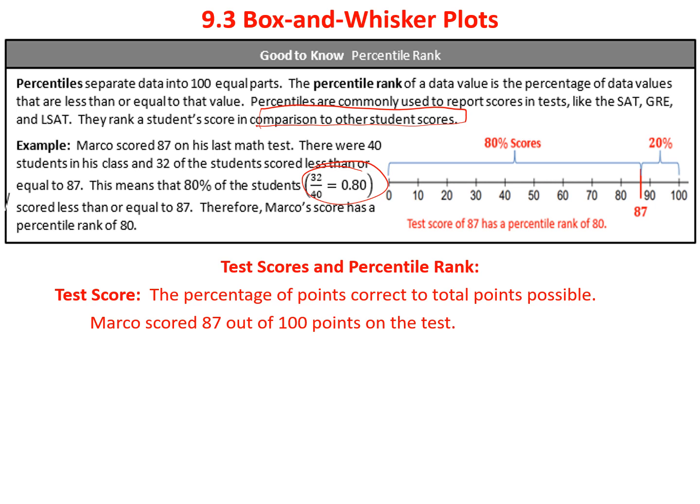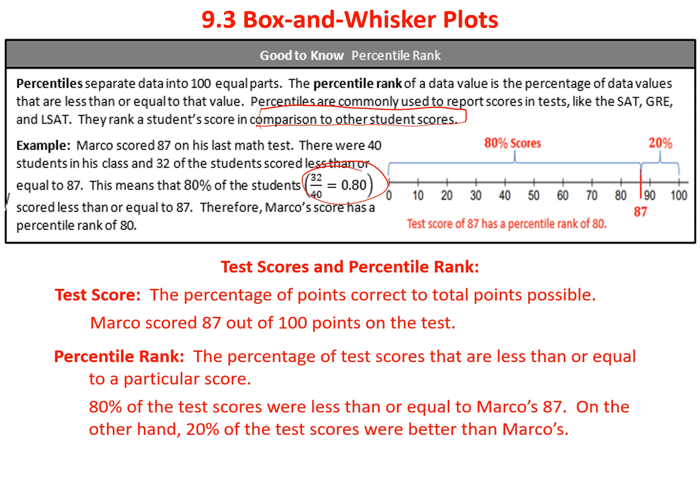Marco got 87 out of 100, 87%. But the percentile rank is how his score compares to other students. In this class, 80% of his class got the same grade as Marco or less. There were 20% of the class that scored better than Marco. So because 80% scored 87 or less, he's in the 80th percentile.